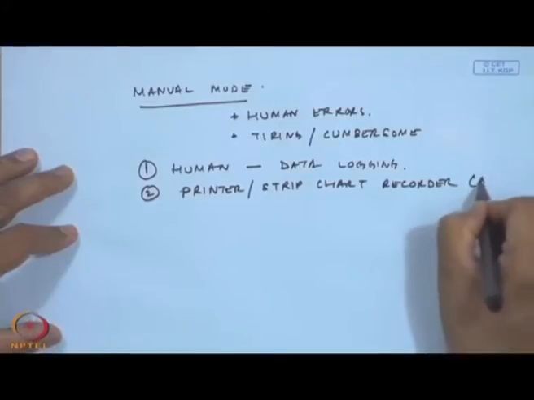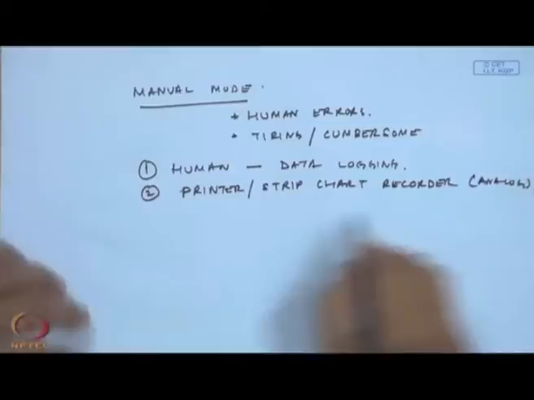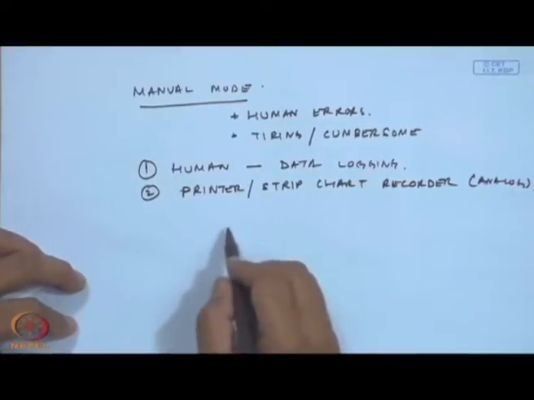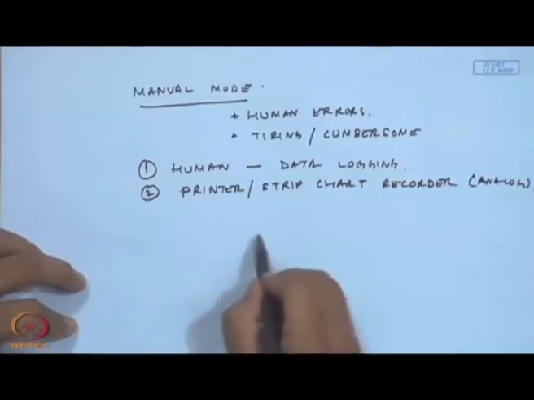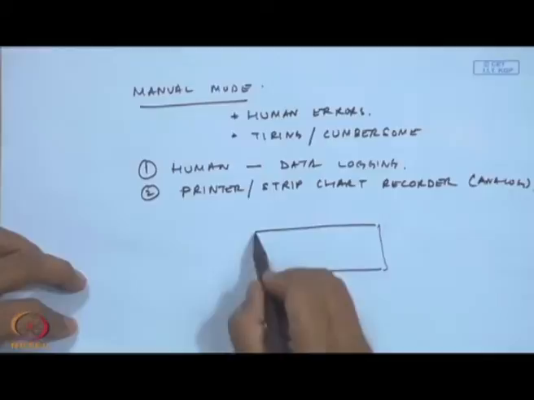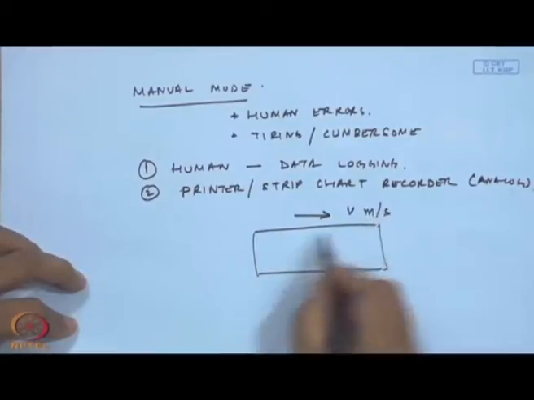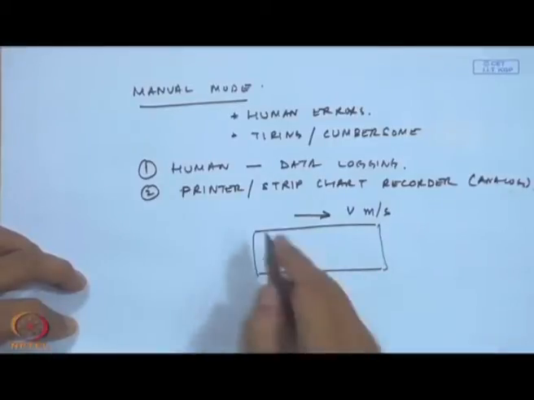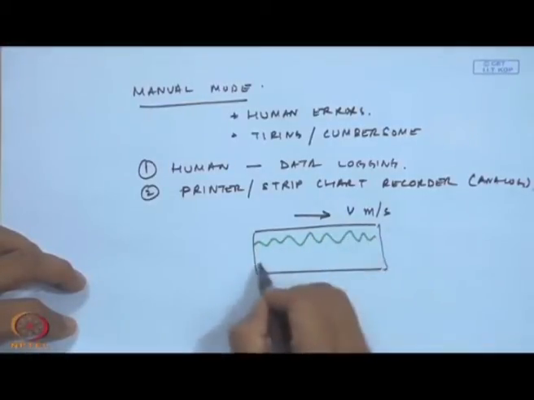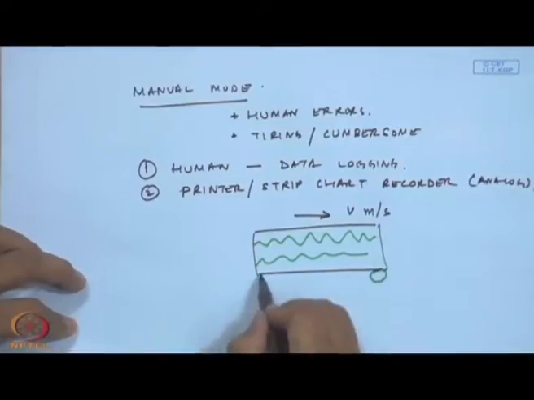These were analog, wherein there will be just a voltage signal coming out because of the parameter, and with time there will be a paper roll which will be moving at a certain speed v meters per second, and there will be pens on this, and they will be writing or plotting the parameters on the roll.